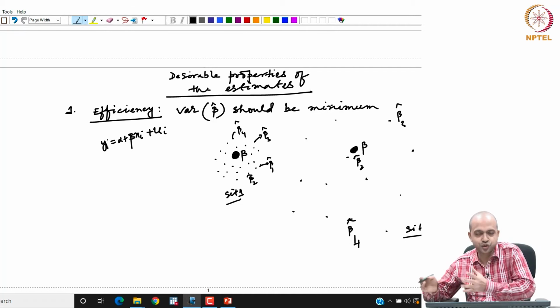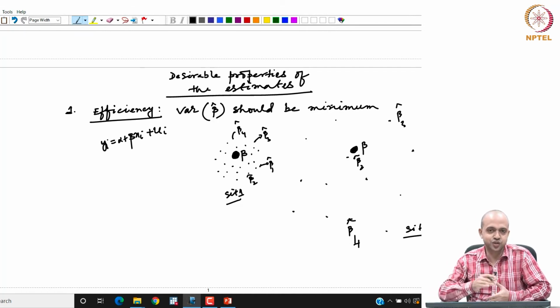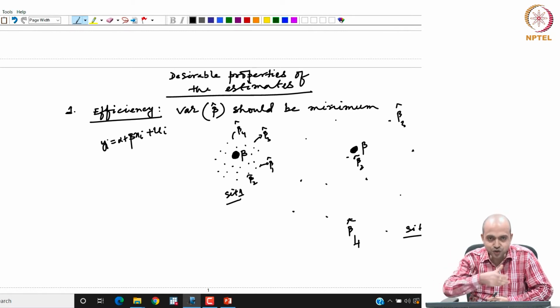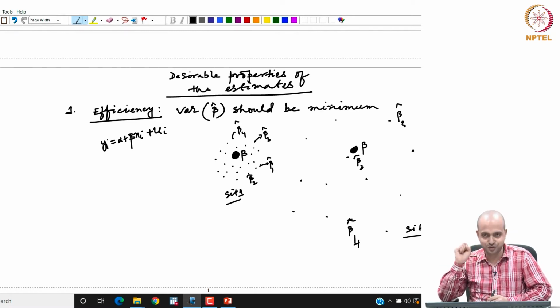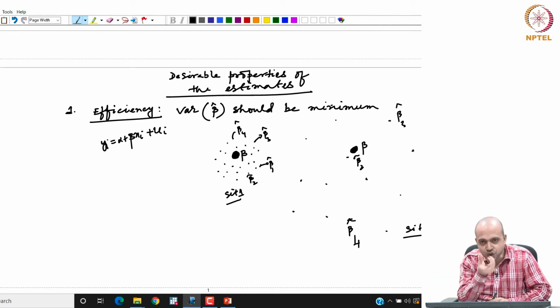When ui follows a normal distribution, that will ensure the beta hat will also follow a normal distribution, and the variance of that distribution I am talking about. So, you do not have to collect 100 samples, we will collect only one sample and estimate only one beta hat, but we will ensure the minimum variance property.